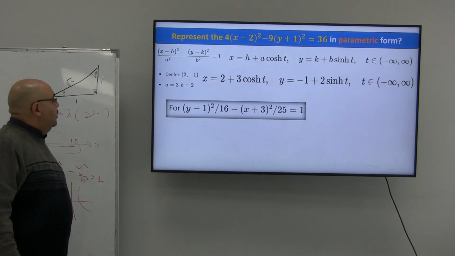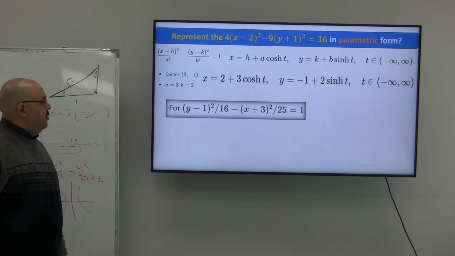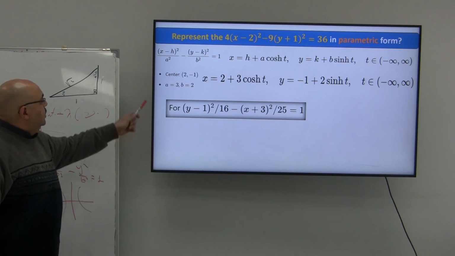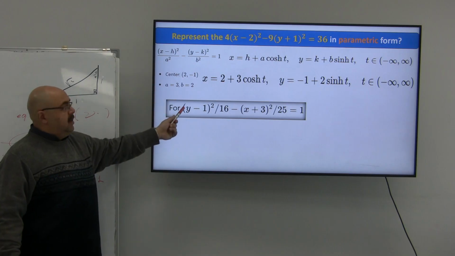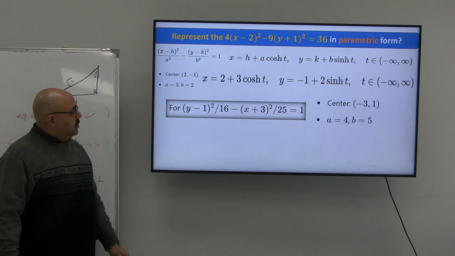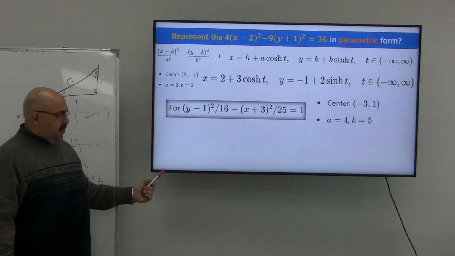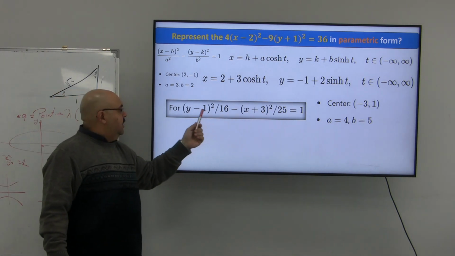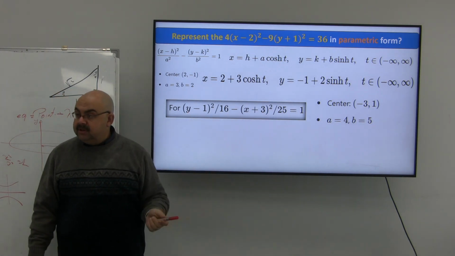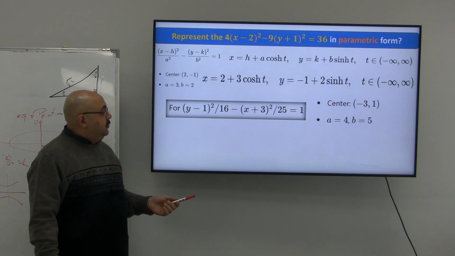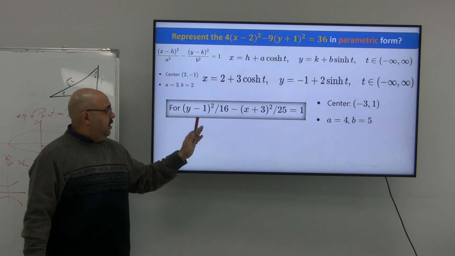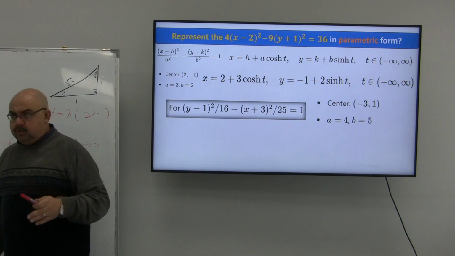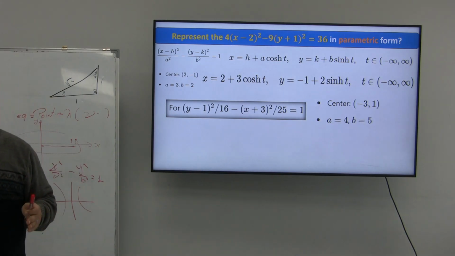For this equation, it's another hyperbola, but instead of opening left and right, this is going to be up and down. It's exactly the same idea. x is going to be negative 3 and y is going to be positive 1. These are the coordinates of the new center. And for a, in the relations at the beginning of our course, we usually reserve a for the bigger, or longer, semi-axis.